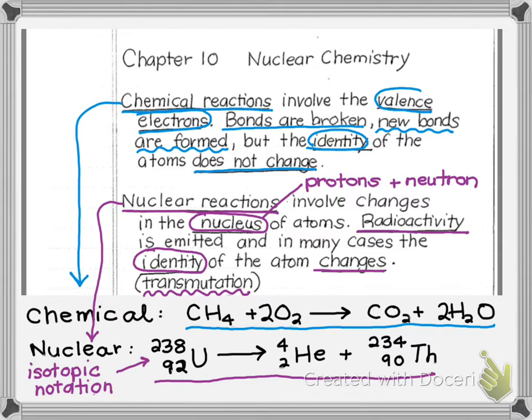That's a part of the transmutation. The other thing you may notice is that this type of nuclear reaction involves many of the elements in the belly or the bottom of the periodic table. While a lot of different elements have radioactive isotopes, not all atoms do.